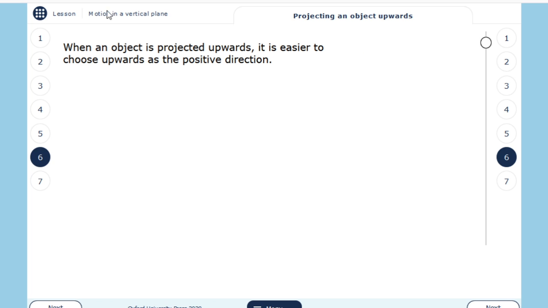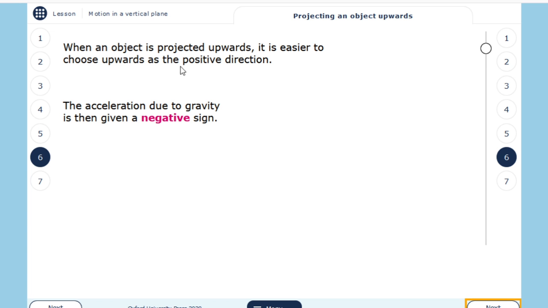The last case is when an object is projected upwards. Then it is easier to choose upwards as the positive direction. Don't forget, in the previous cases we always had to choose which is going to be the positive direction. Because the stone was falling down, I chose the positive direction to be downwards.